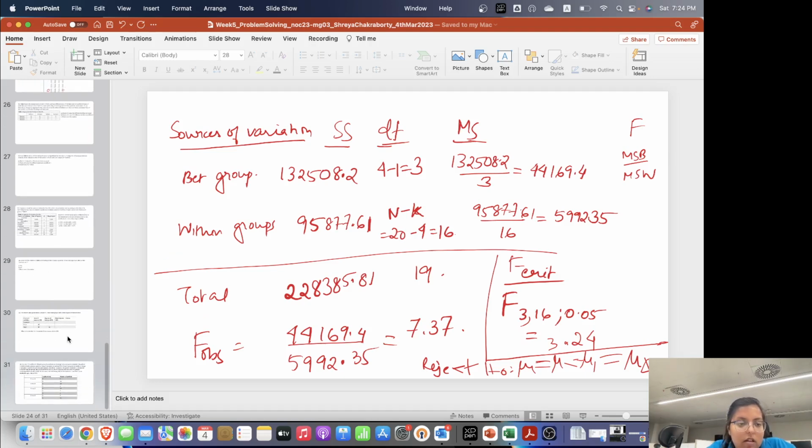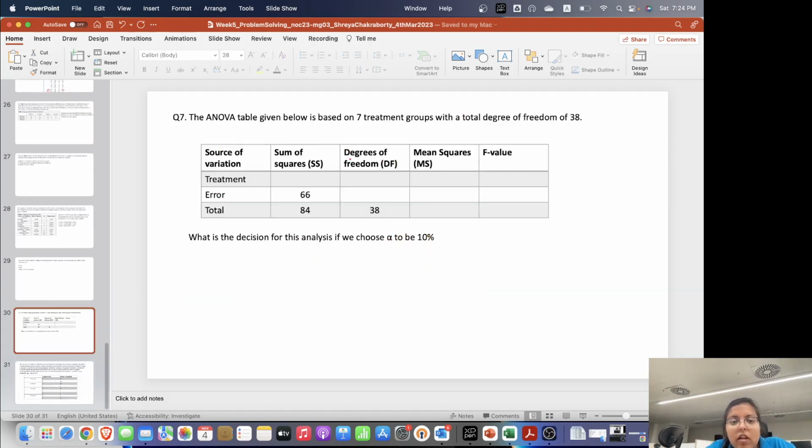Suppose you have been given an incomplete table like this. How are you going to fill it up? Only this information is given: there are 7 treatment groups with a total degree of freedom of 38.